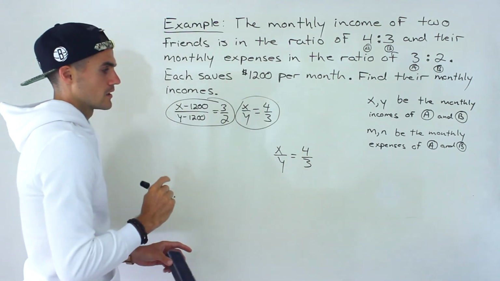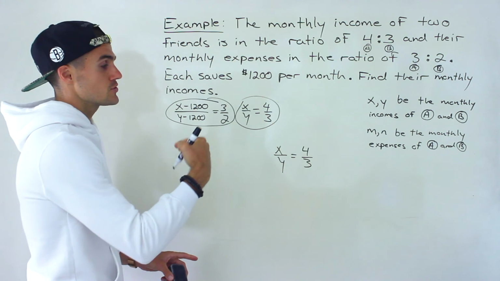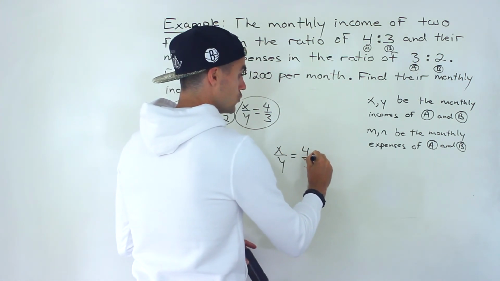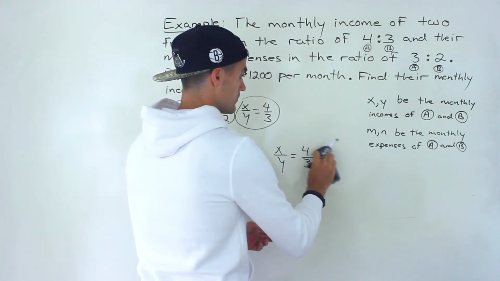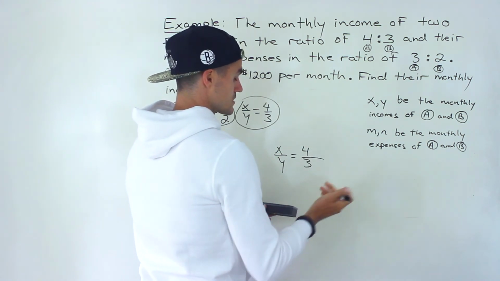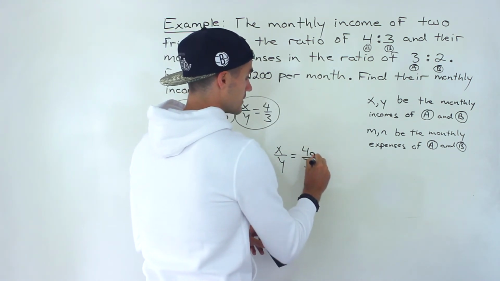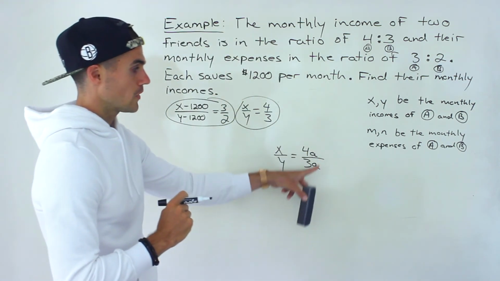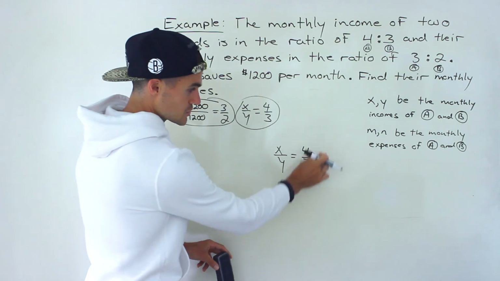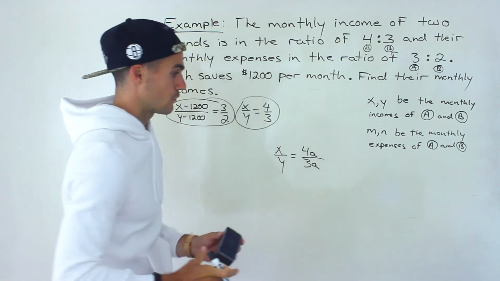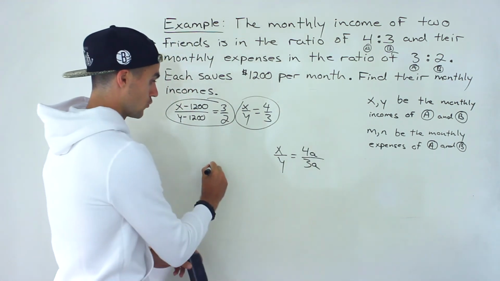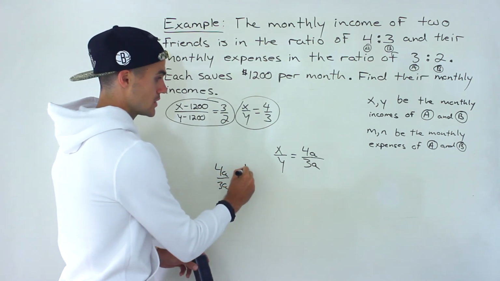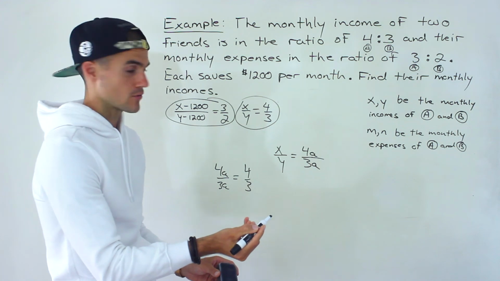What you can do here is introduce another variable and put it in both the numerator and denominator. Actually, let's not use m since we already used it. Let's use, whatever, a. Notice the a's would just cancel out and we'd still be left with 4 over 3. So 4a over 3a is in the ratio of 4 to 3.